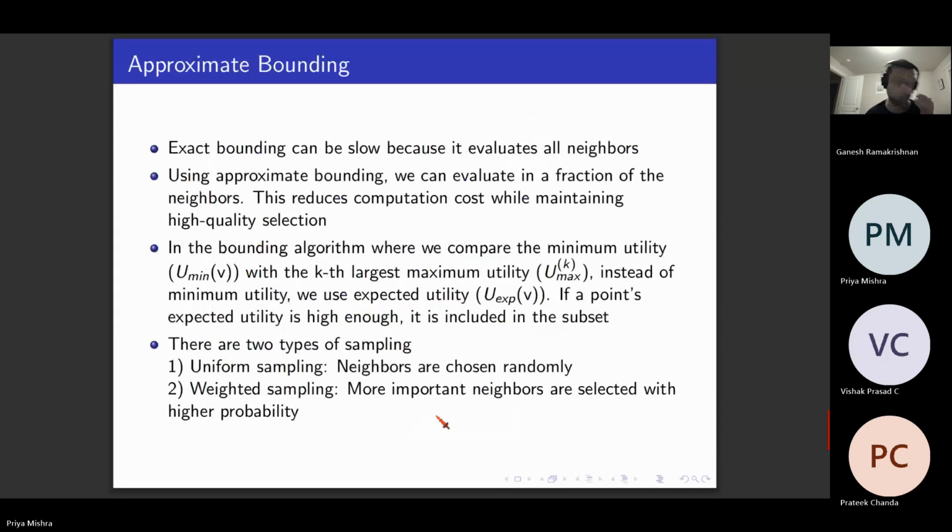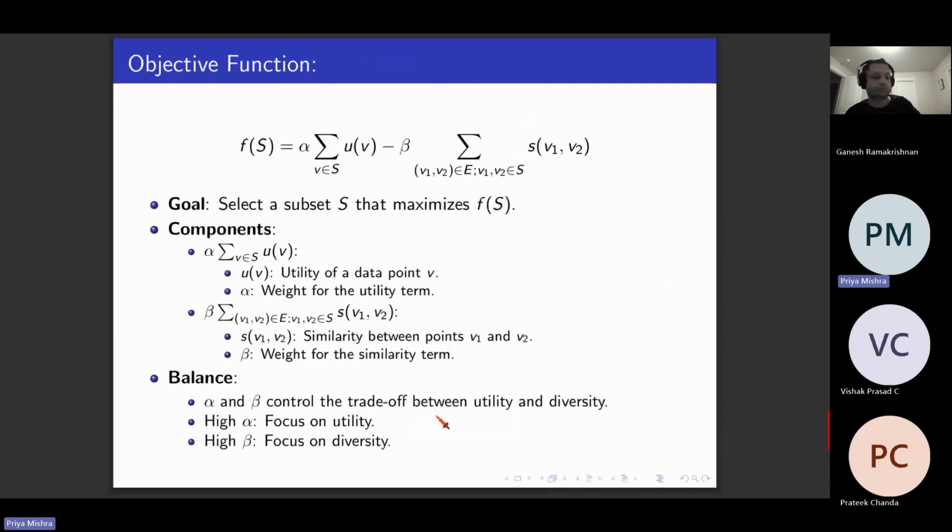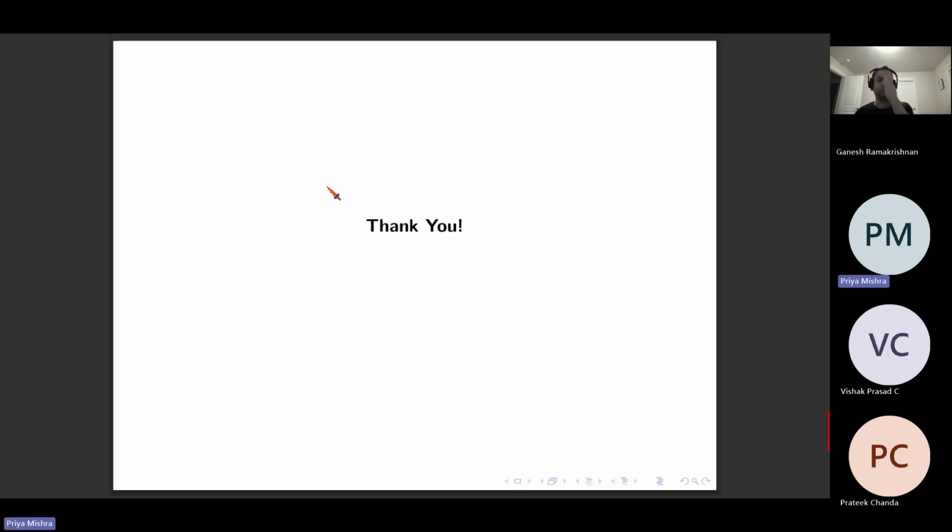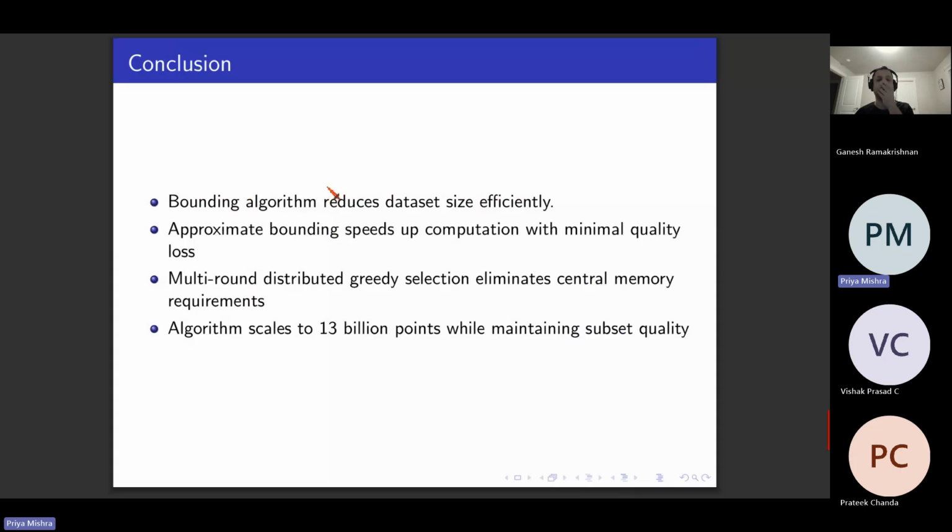And again, the score is calculated by this formula. Basically, it's a model objective function. The higher the score, the more optimal the subset is.